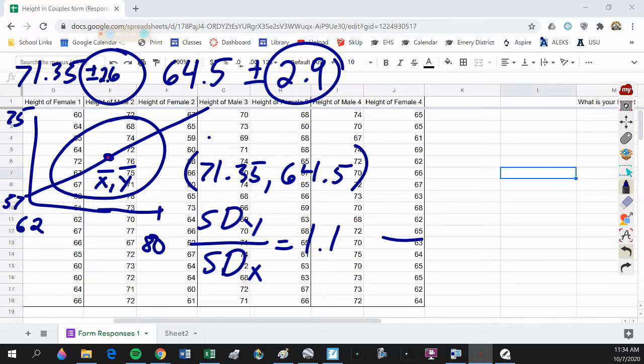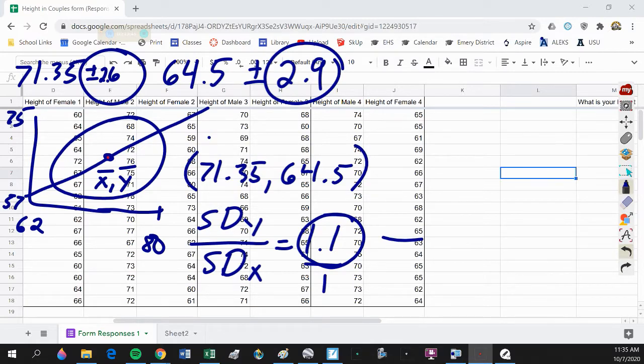What does the slope mean in this case? The slope of the line is 1.1 over 1, which means for our predictions, every time a woman is 1.1 inches taller than average, then her couple partner should be 1 inch taller than average. Does that make sense?